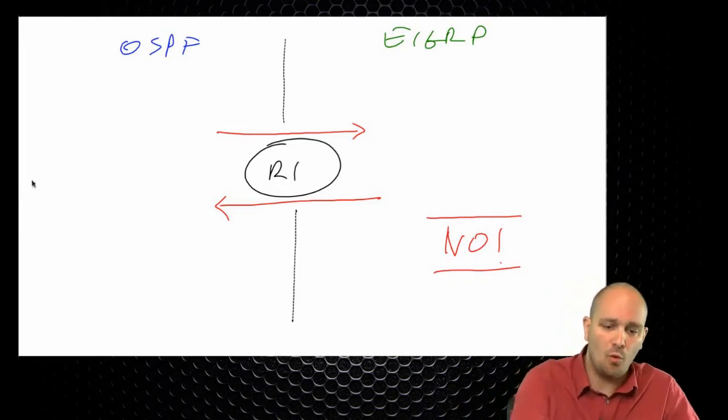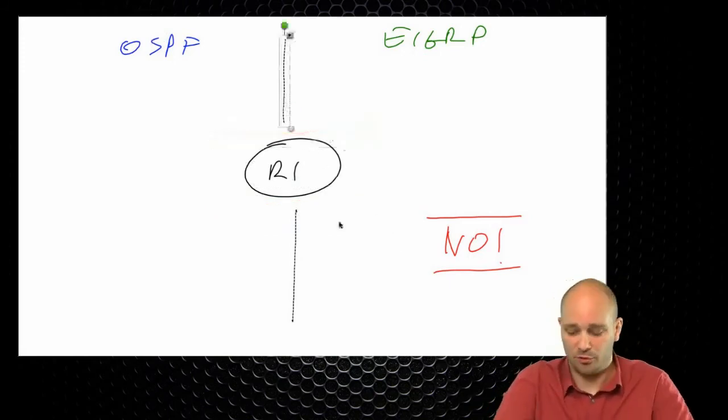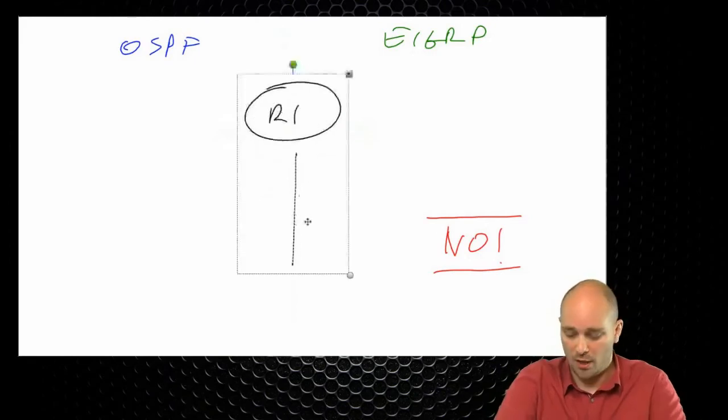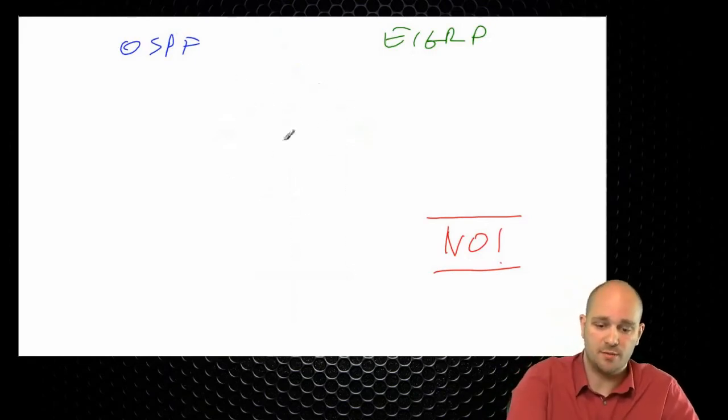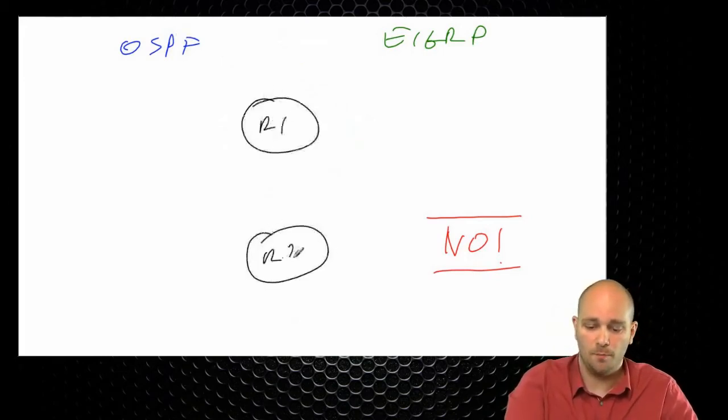Now, an even more complicated case would be if we have multiple routers that are performing redistribution. So let's say that we have R1 and R2 doing the redistribution here. I don't care how they are actually connected to the rest of the network.